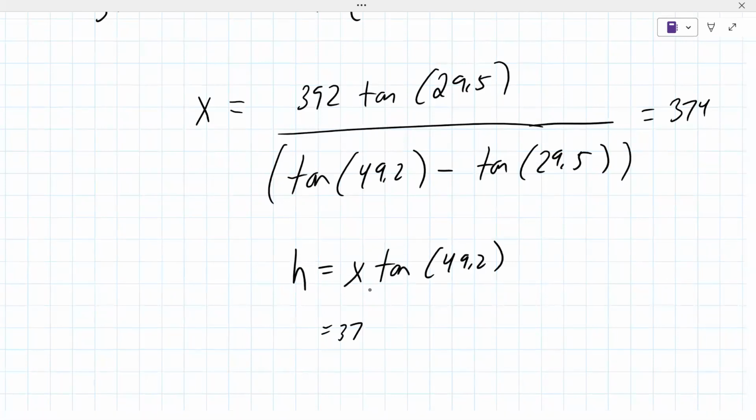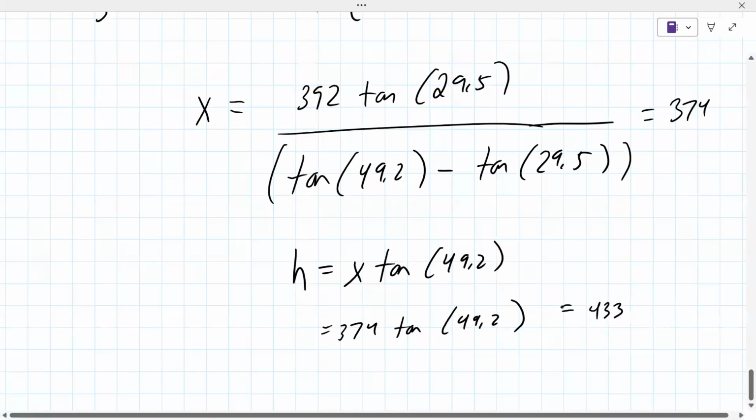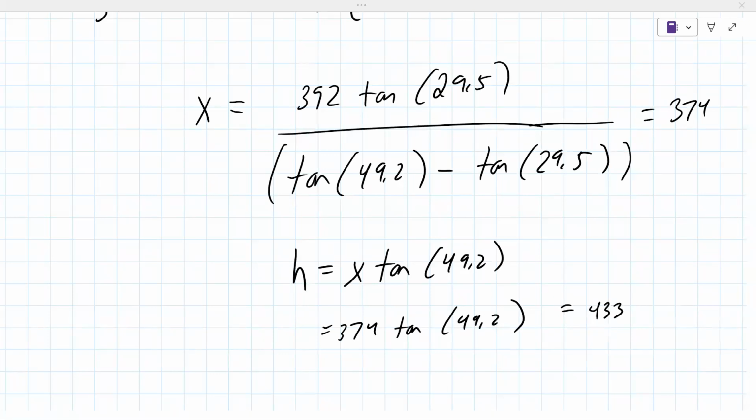So one more step. $433. Okay. Don't forget your units if there are any. Any questions on that?